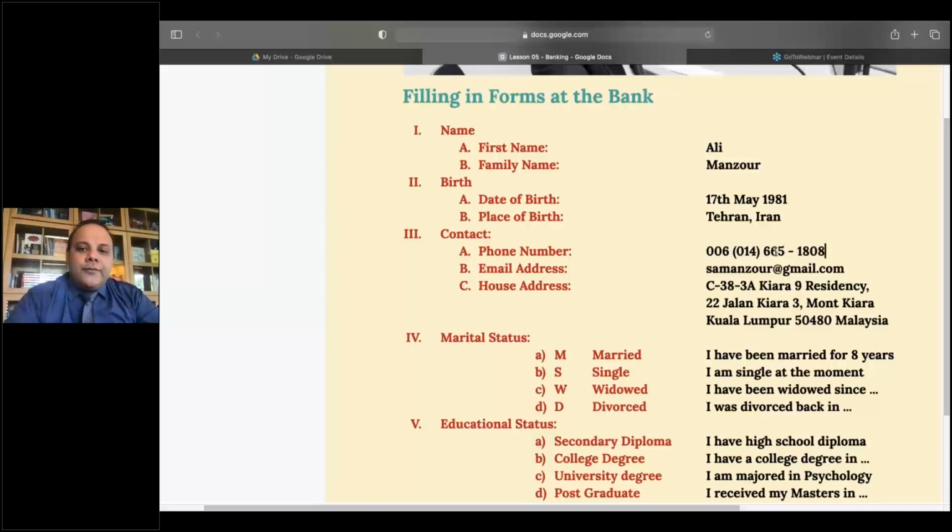So for example, my phone number in Canada was 935-2014, and the city code for Montreal is 514, and the country code for Canada is 001. So this was my phone number in Canada. And now this is my number in Malaysia, as you can see, right? Then you put your email address.